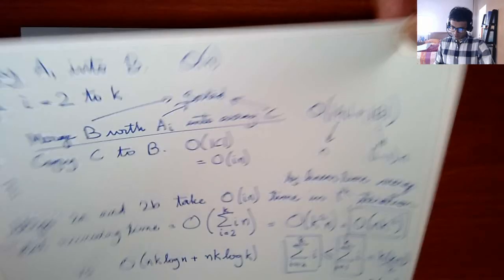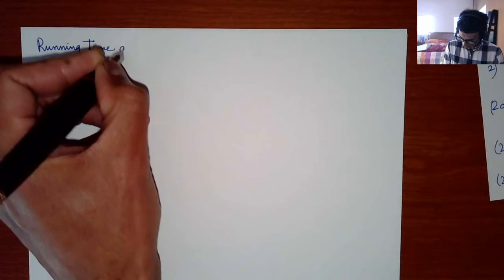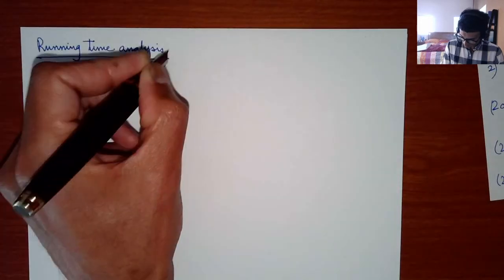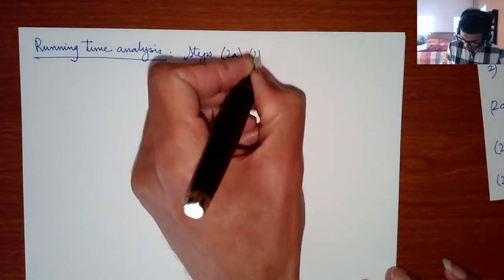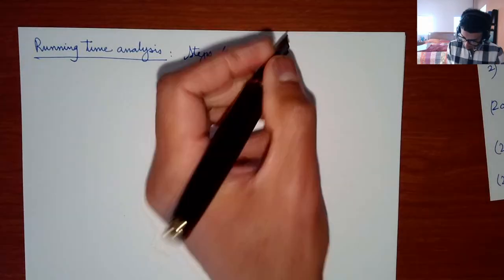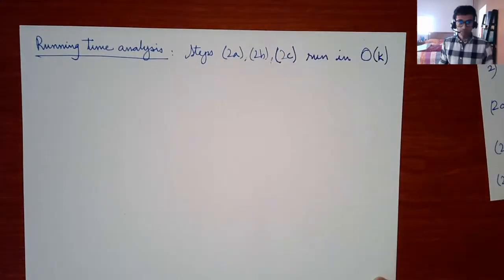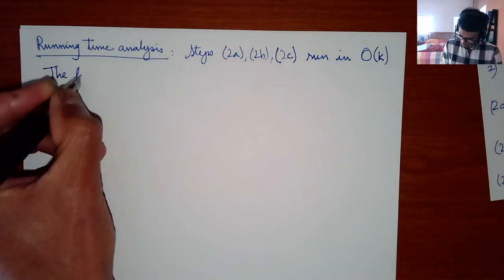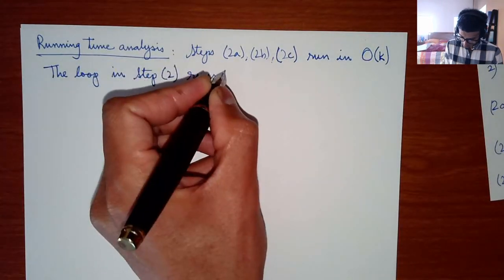Now let me do the running time analysis. Steps 2A, 2B, and 2C run in O of k. The loop in step 2 runs nk times.